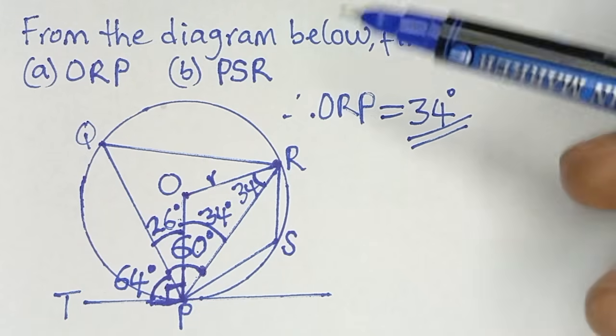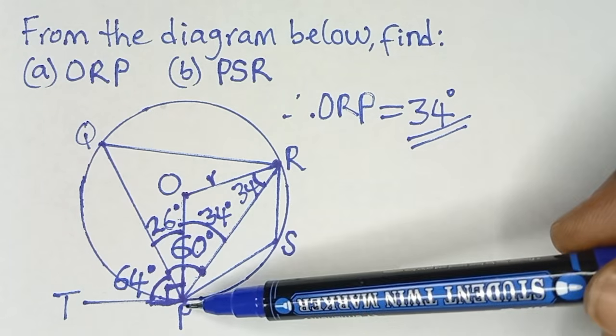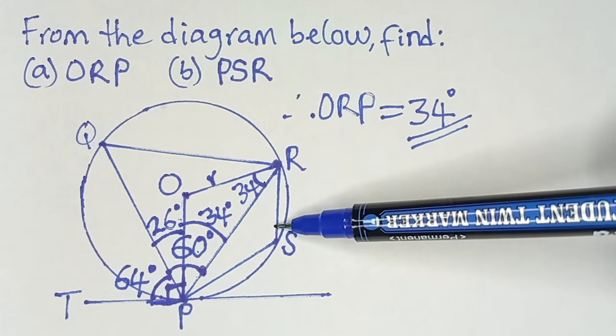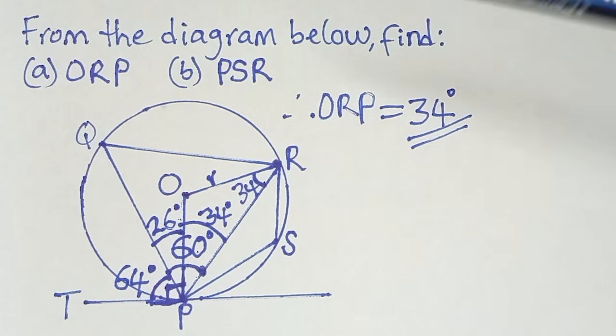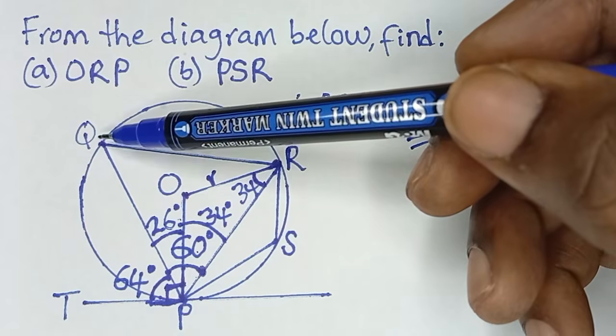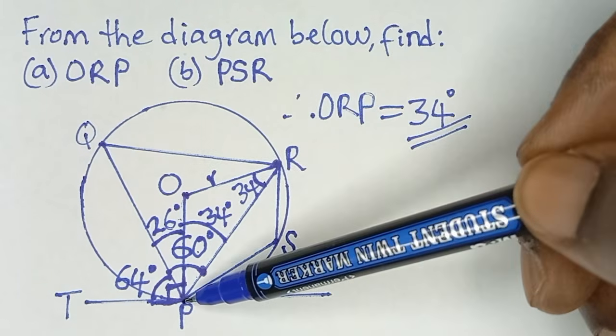Now let's move on to angle PSR. You can see it's angle PSR. That is this angle here. That is what we are looking for now. In order to establish that, I would like us to look at this chord QP.